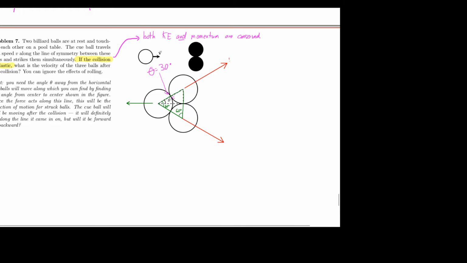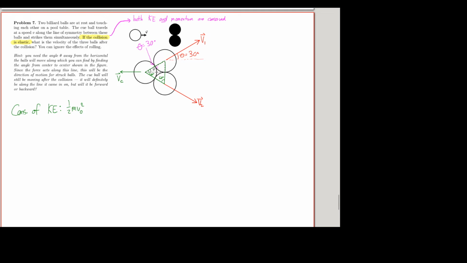So we'll call this V1, that V2, and the motion of the cue ball Vc. And again, I know that that angle there is 30 degrees.